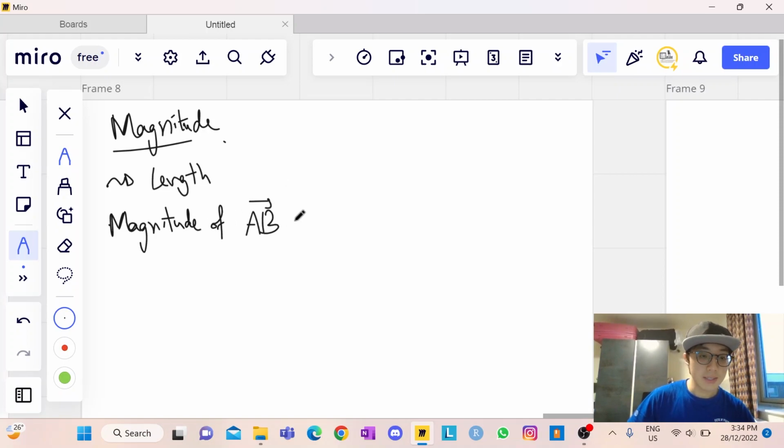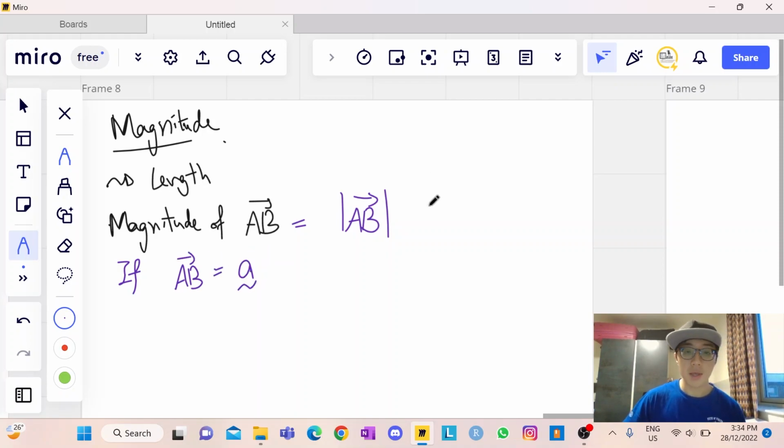Then this will be equal to AB with two modulus signs at the side. If AB is equivalent to a, then this will be a with modulus signs at the side. This is how you denote the magnitude of a vector.